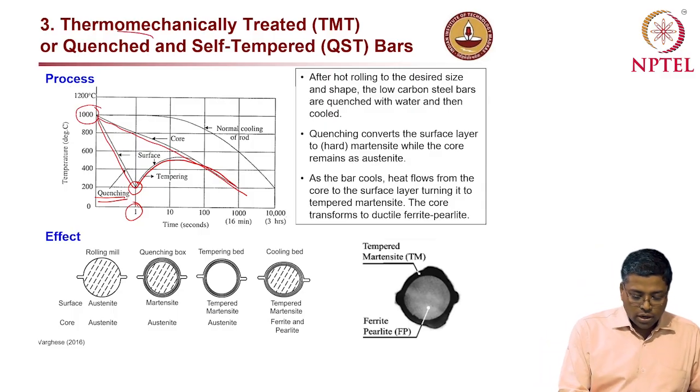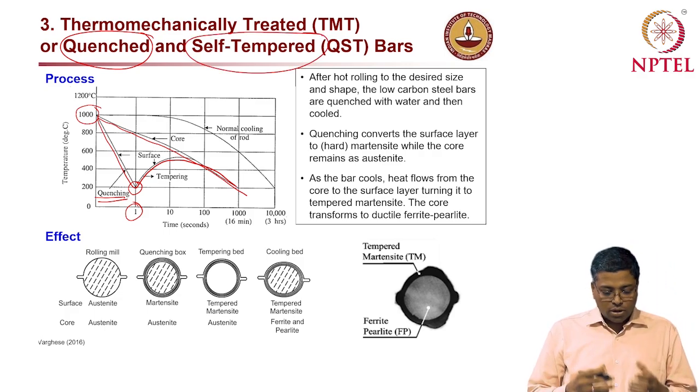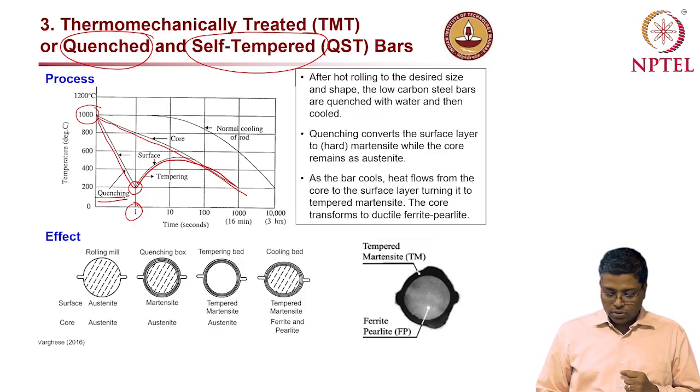That's why we call this quenched and self-tempered steel. In other words, we are tempering it because of the heat radiating outward from the core of the steel. This is the correct term for these TMT rebars, but in Indian jargon we call it TMT steel.